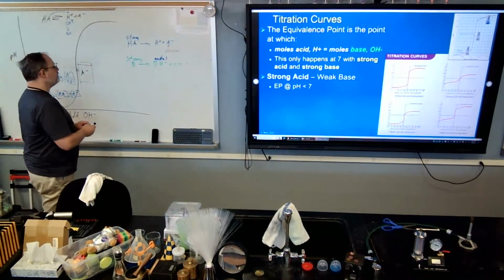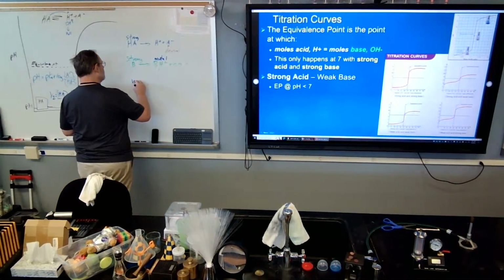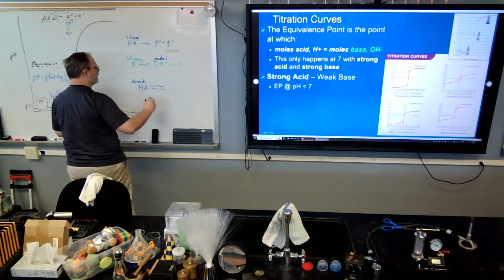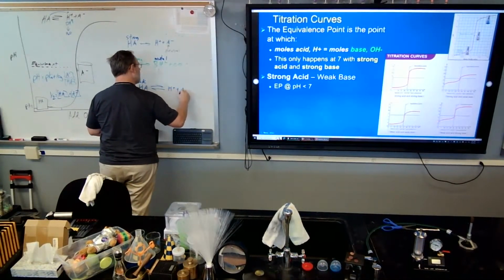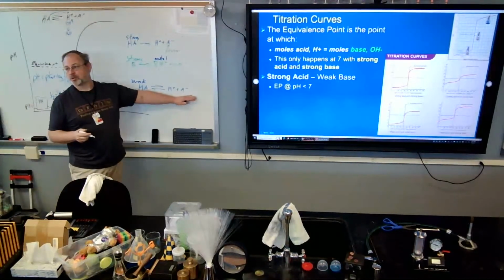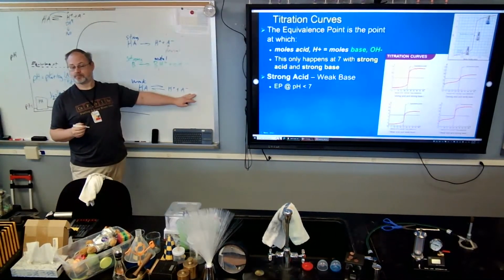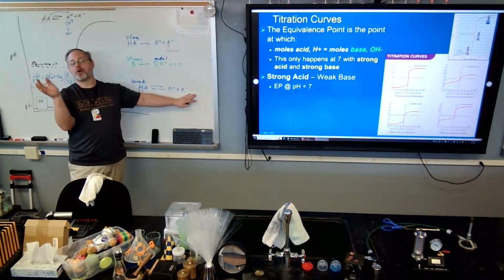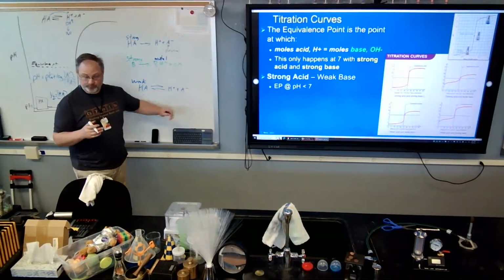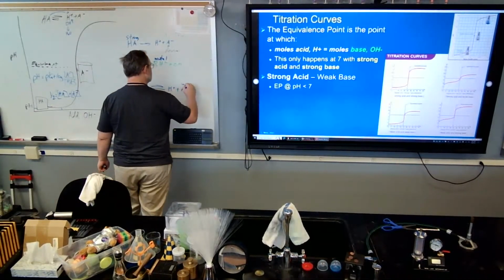Just to review, a weak acid has the formula HA, not an arrow but a double arrow, because in equilibrium it gives H plus and A minus. A weak acid forms what kind of conjugate base? A weak base.